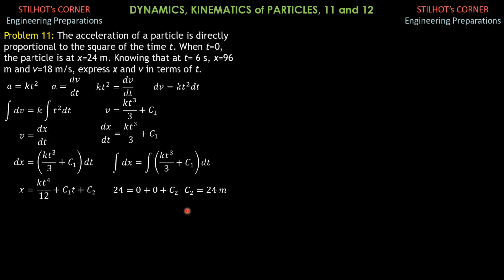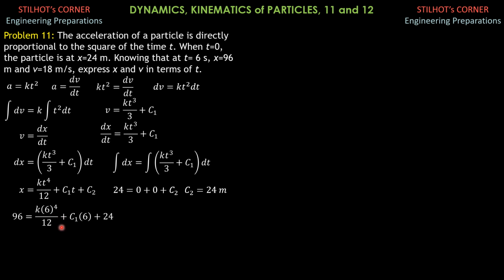Then for the other boundary condition, when x is 96 when time is 6 seconds, we substitute 96 into this equation here, and take note that c sub 2 is 24. So 96 equals k times 6 to the fourth over 12 plus c sub 1 times 6 plus 24. 96 minus 24 is 72, and 6 to the fourth over 12 is 108.